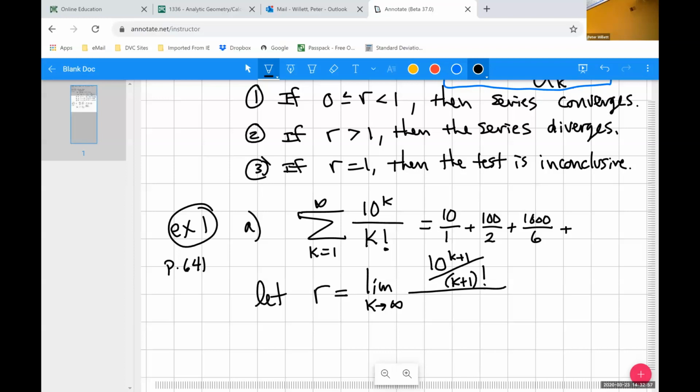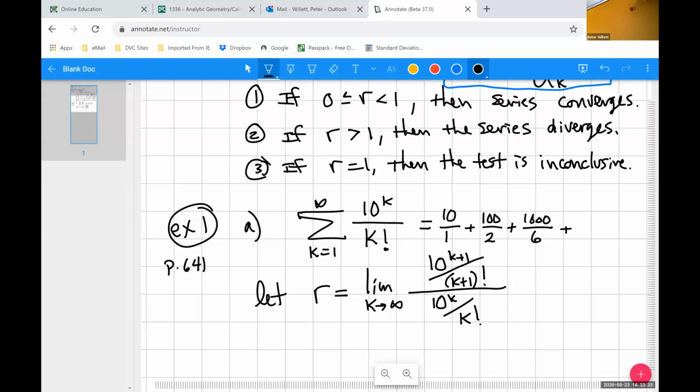So I basically just took the k's in the formula for the terms and replaced them with k plus 1. Then in the bottom, I'm supposed to divide by a sub k, which is just this formula right here. So in the bottom, I would have 10 to the k power divided by k factorial. And I have to take the limit of this as k goes to infinity.